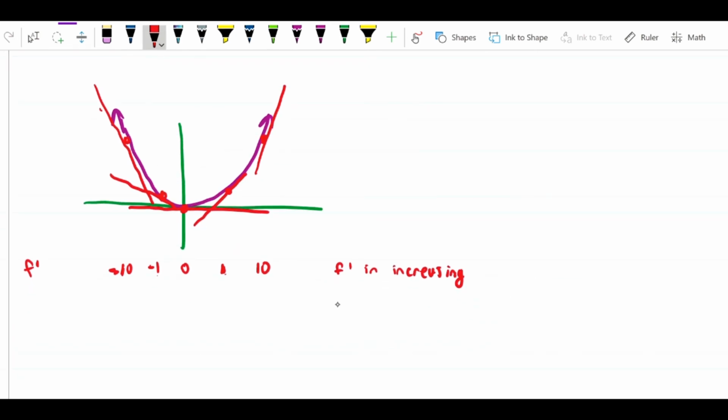Well, if f prime is increasing, we know from the work we did in the previous section that it means the derivative of f prime, let me just write these with an x, let's say that f prime of x is increasing. So that means that the derivative of f prime of x must be greater than 0, because that's what it means for f prime to be increasing. Well, normally we write the derivative of the derivative this way.